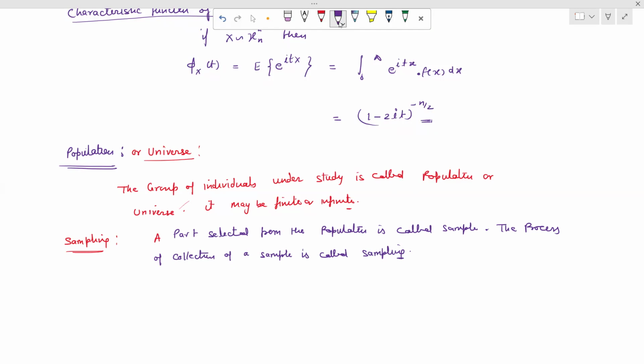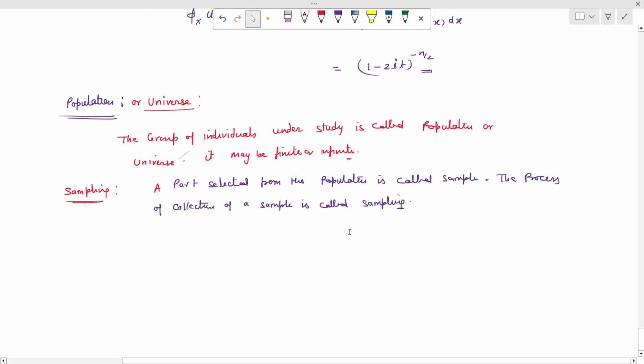So there are so many ways to take a sample. So we will discuss the chi-square distribution now for solving the problems.